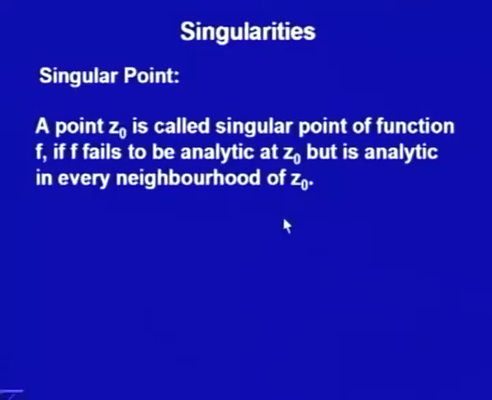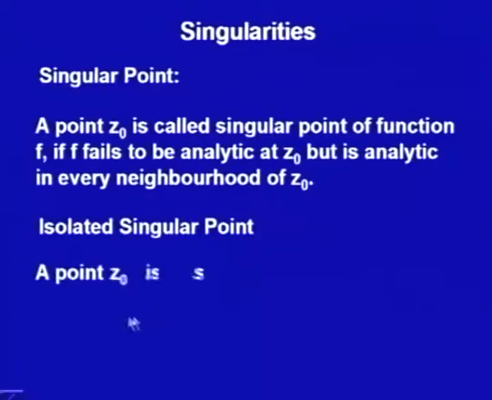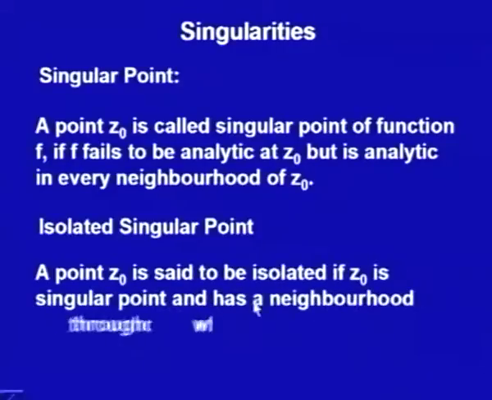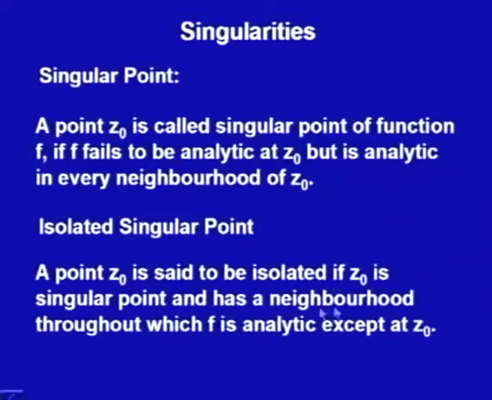So, what we are saying is that if we have a function that fails to be analytic at a point, but is analytic in every neighborhood of z naught, then we call it a singular point. We call it an isolated singular point if z naught is a singular point and has a neighborhood throughout which f is analytic except at z naught.